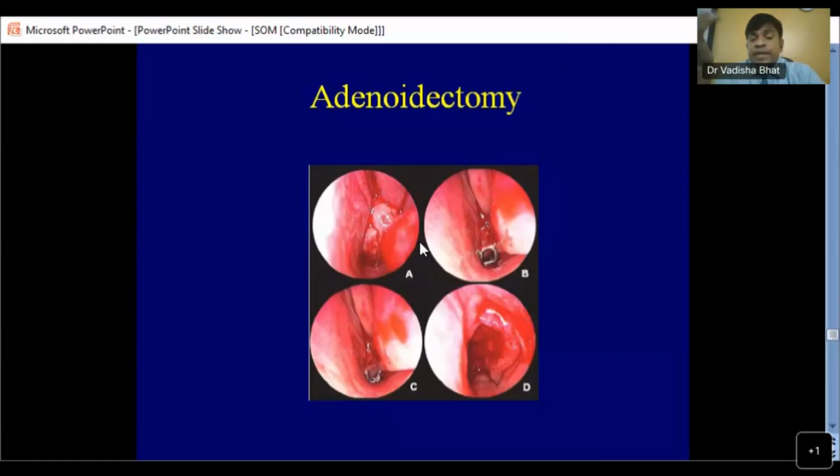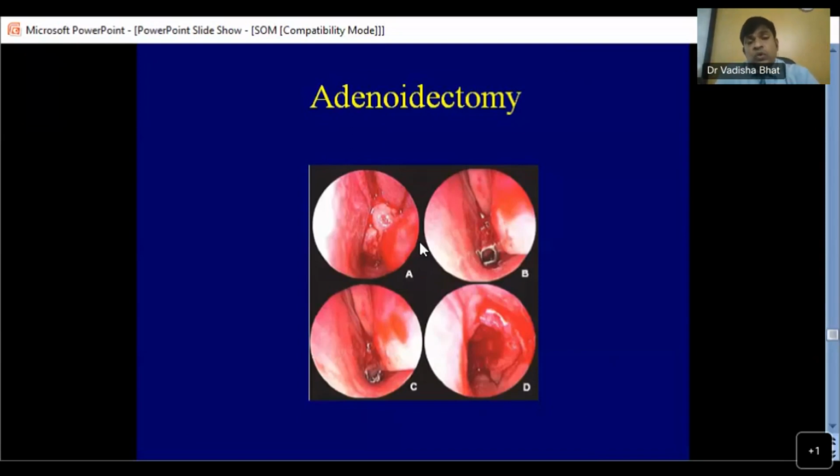As I already mentioned, the adenoidectomy. Since I already told you that I was involved in two such studies, one was the initial study where we performed audiometry in kids who were admitted for adenoidectomy. The next step was that we evaluated all patients with adenoid hypertrophy.